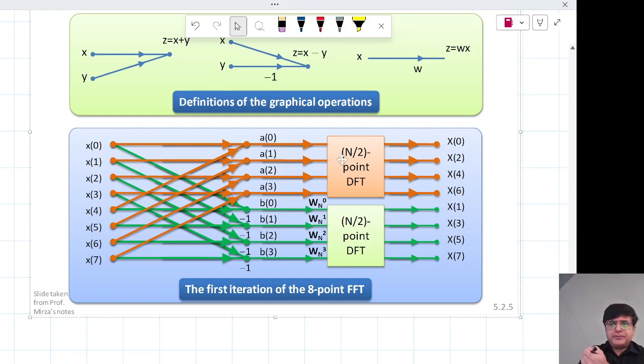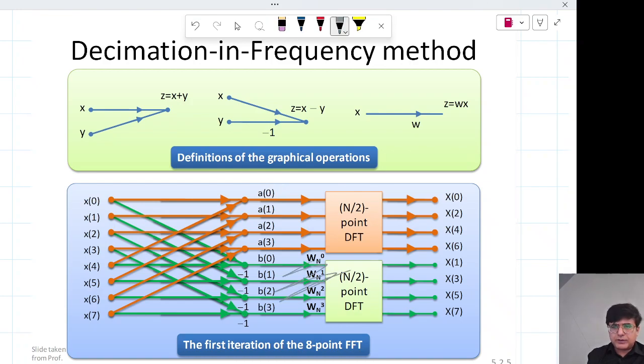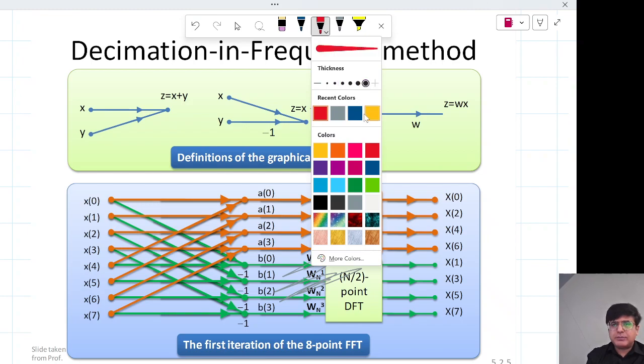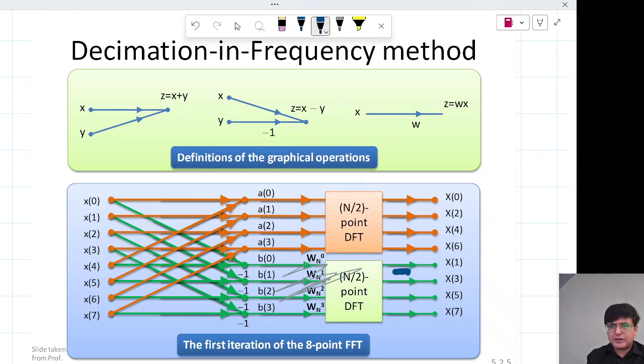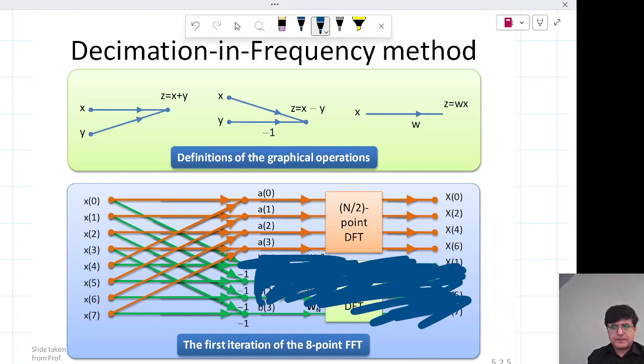Now forget about this thing down below. Let me use a different color marker. So let's just forget about this part for now.